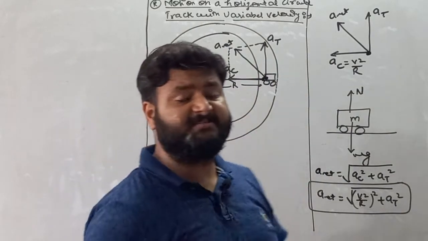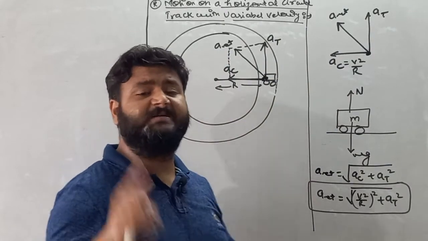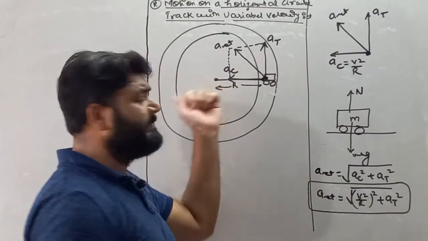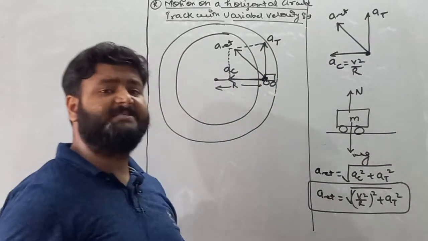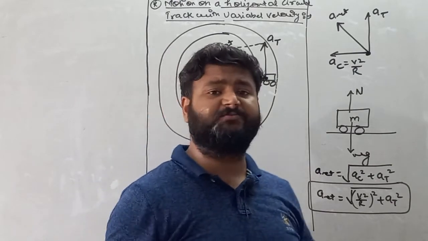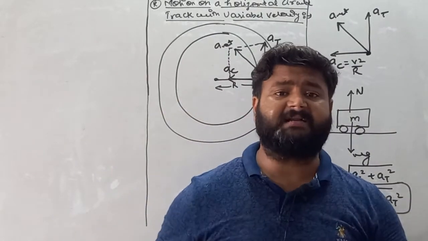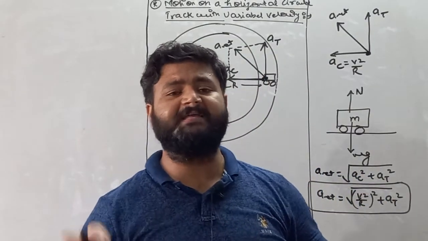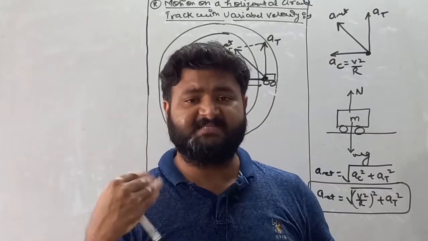And if velocity is constant, then the value of tangential acceleration is 0. In that situation, only one acceleration is acting, that is centripetal acceleration, which acts towards center. And in that situation, as I already told you, my dear student, if the particle is in a horizontal circular track, then the force which takes place between the tire of the vehicle and the surface is friction.